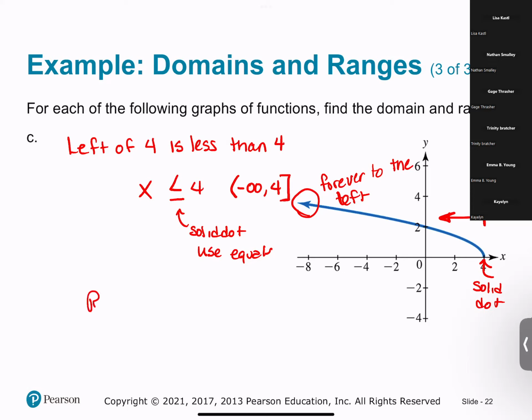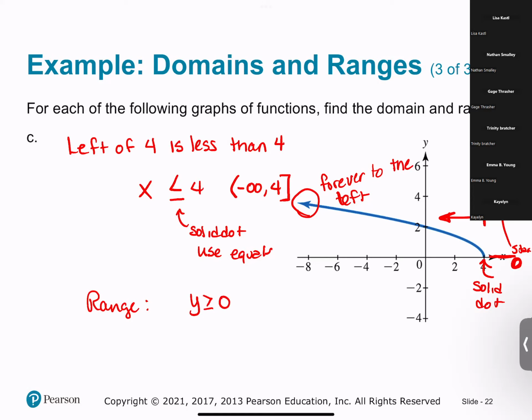What's its range? Well, it's going to start here, and then where's it going to go? It just continues up indefinitely. So it's going to start at 0 and continue on up. Anything bigger than, excuse me, that's not a 4, that's a 0, Lisa. In the y direction, the x-axis is 0.